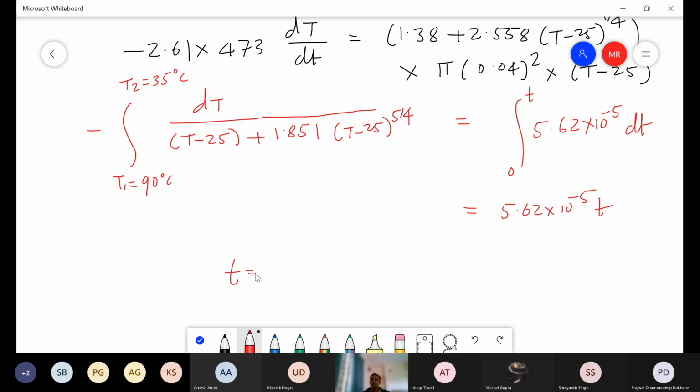Can anyone calculate and tell me? Anyone got the value of time?